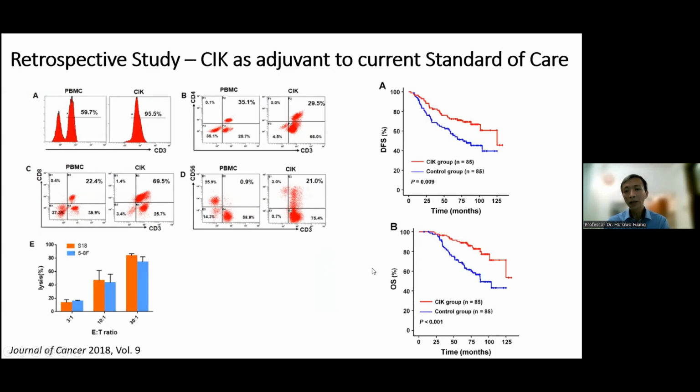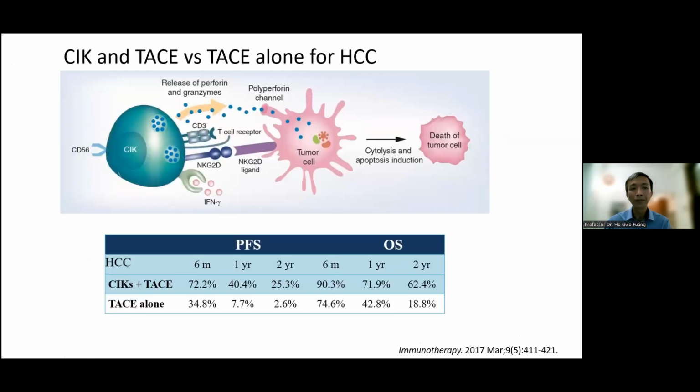This is a study of NPC patients. They gave a higher concentration of the CIK cells and got more cell lysis. These are patients in the control group. Standard treatment in the control group plus infusion of the cytokine-induced killer cells demonstrated better DFS and OS in this cohort of patients.